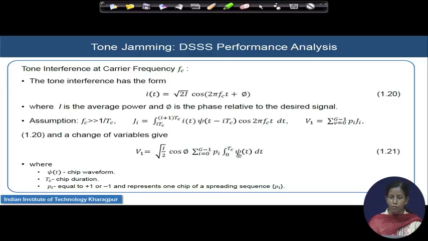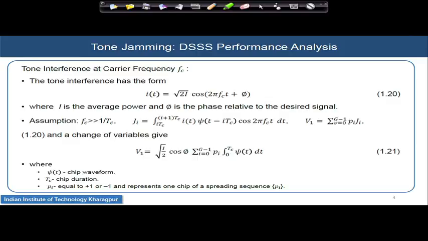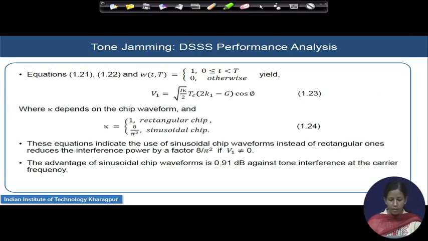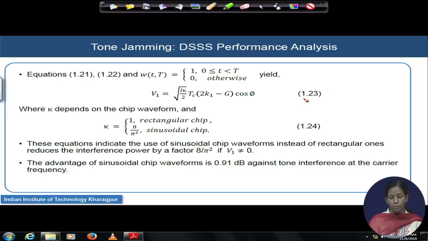I will substitute the value of psi first by the rectangular wave, then by the sinusoidal wave, and then I will substitute the value of Pi by some expression, because the total number of chips will be k1 plus g minus k1, which is g, the total number of chips available. And if I keep on substituting all that, finally we will converge to the equation given by 1.23.